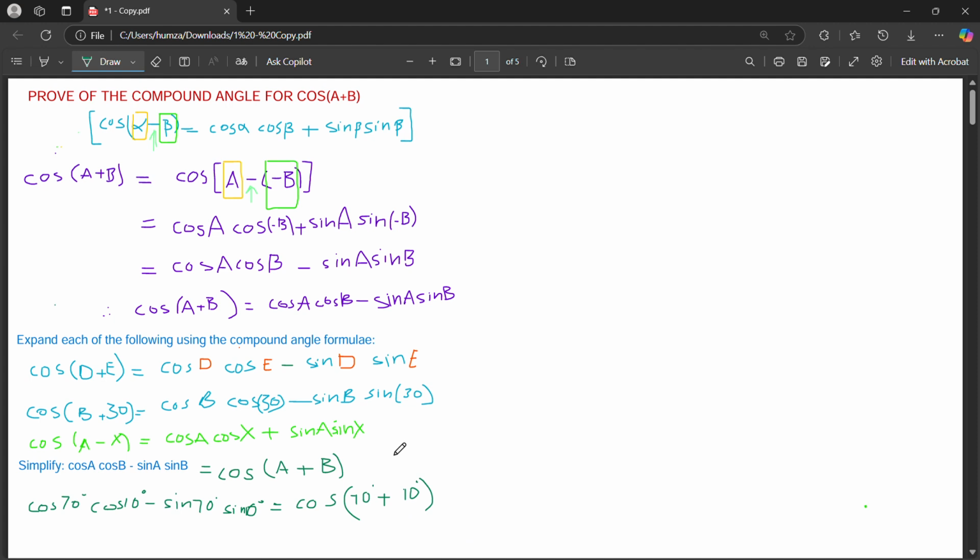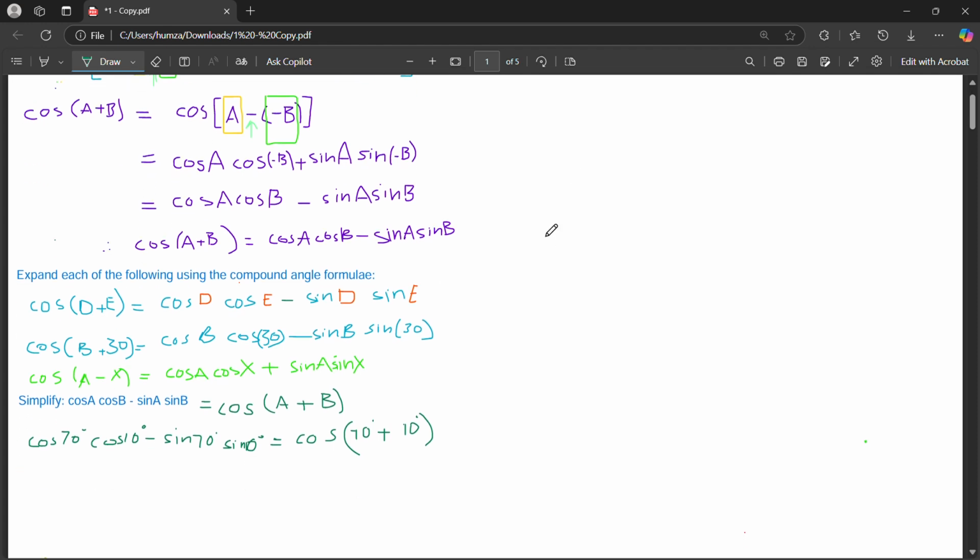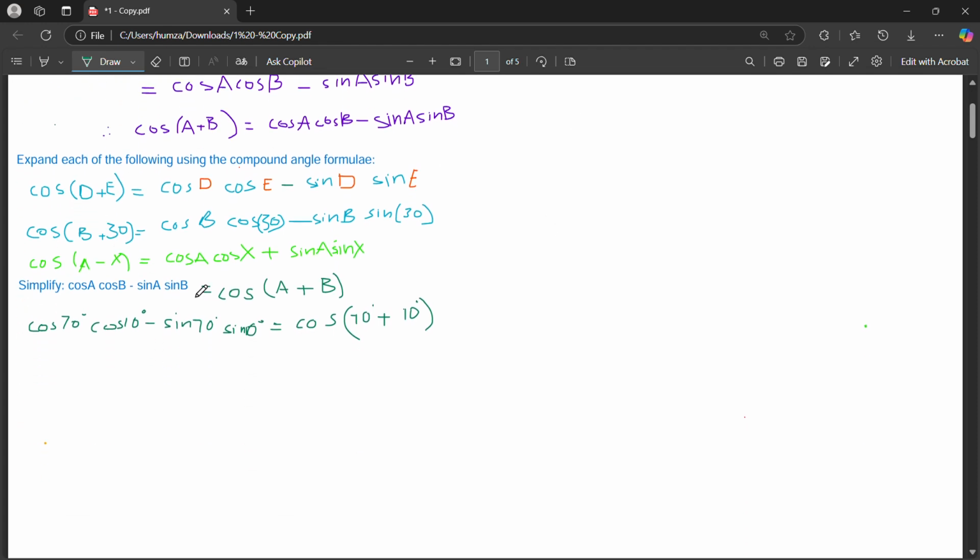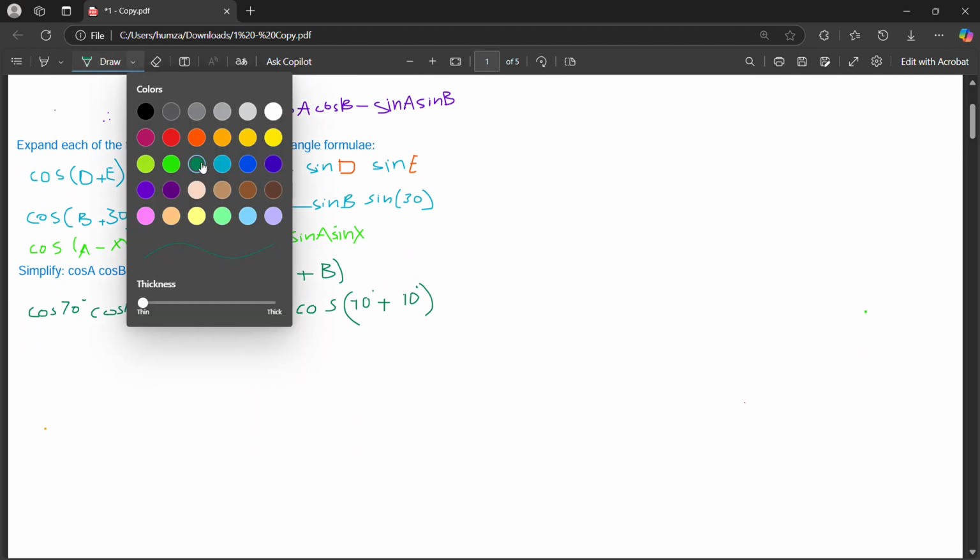They can also give you cos alpha plus beta, or cos alpha cos beta, or sin alpha sin beta, and then you have to work out according to that. Another, more difficult or challenging type of question they can ask, when talking about simplifying angles, is to apply the rules we now understand. Let's change the color, just to note that this is important.